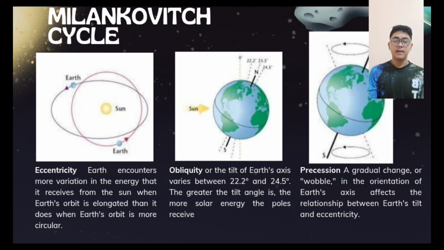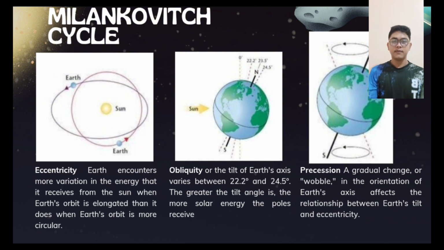Now, let's go to the Milankovitch cycle. Eccentricity: Earth encounters more variation of the energy that it receives from the Sun when Earth's orbit is elongated than it does when Earth's orbit is more circular. A more elongated orbit leads to greater variation in solar energy.